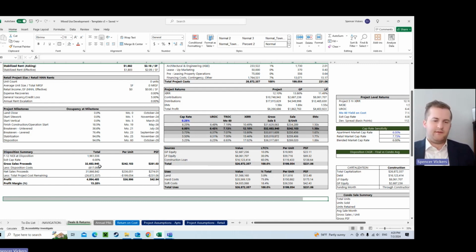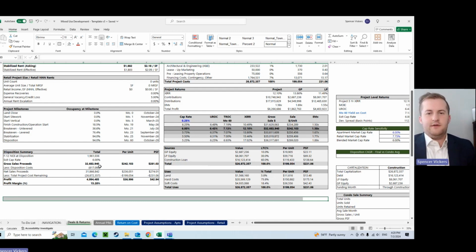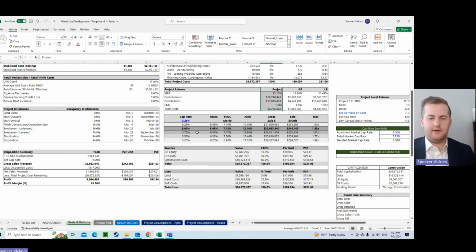Oftentimes, when investors get underwriting and investment packages from deal sponsors, the assumptions are overly aggressive, and then something that's projected at a 20 or 25% IRR ends up being a 2 or a 5 or something, and it doesn't perform. So you get conservative underwriting like this, and it says 12% project level returns at a 6% cap rate. Well, the same deal could go to a different sponsor and they could quote you at a 5% cap rate, and it's a 20 IRR.